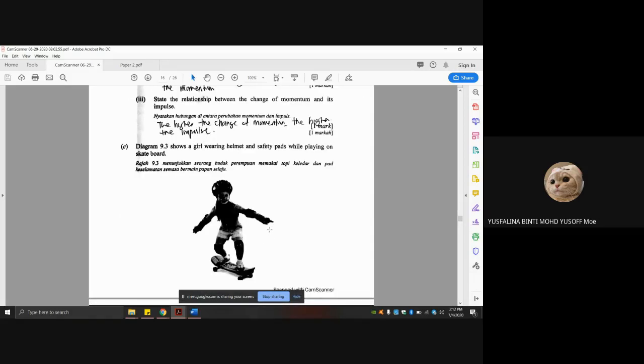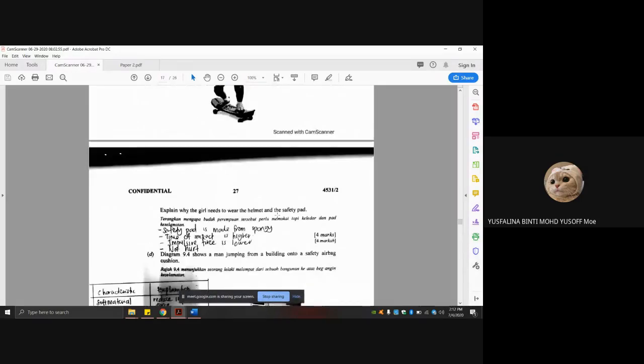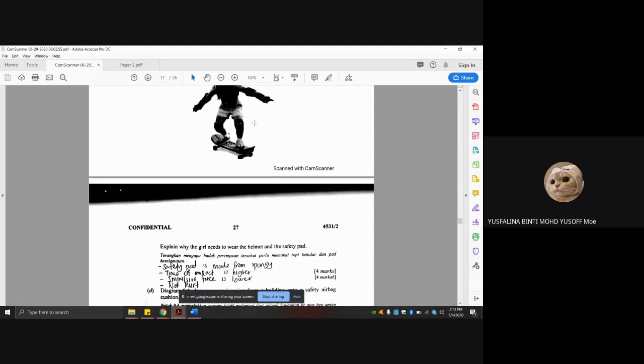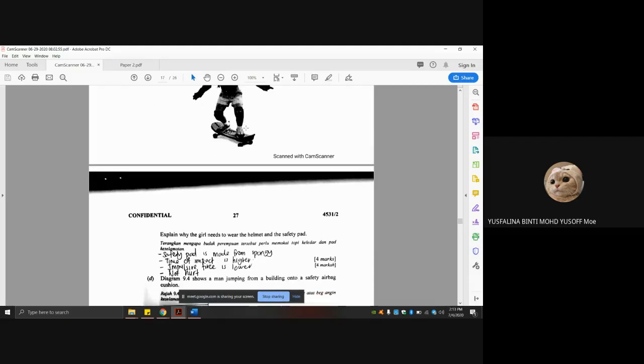Diagram 9.3 shows a girl wearing a helmet and safety pads while playing on a skateboard. Explain why the girl needs to wear the helmet and the safety pads. The first thing is the safety pad is made from a spongy material. We use the concept of impulsive force. Spongy means the time of impact is longer.